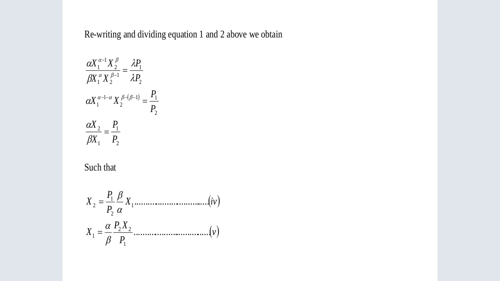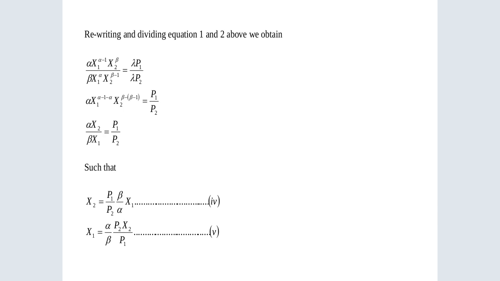Then you proceed and divide equation 1 by equation 2. So if you divide 1 and 2, that should be alpha x1 raised to alpha minus 1, x2 raised to beta, divided by beta x1 raised to alpha, x2 raised to beta minus 1, equal to lambda p1 over lambda p2.